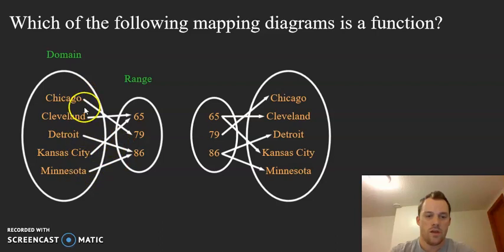None of these teams have 2 different win totals. Whereas over here, we could say that 65 wins corresponds to both Cleveland and Kansas City. And if we define this as the domain, then that would not be considered a function. So this mapping diagram is correct in describing a function with our domain here and our range here.